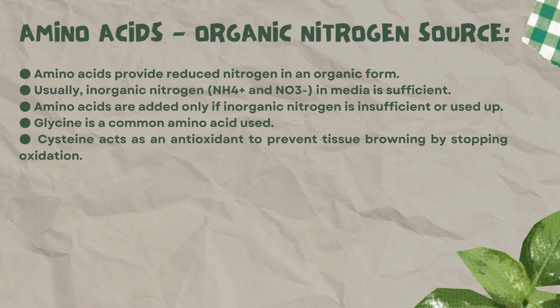A classic example is glycine, one of the simplest and most commonly used amino acids in this media. Another is cysteine, which works as an antioxidant, preventing tissues from turning brown by stopping unwanted oxidation. So this is all about amino acids.